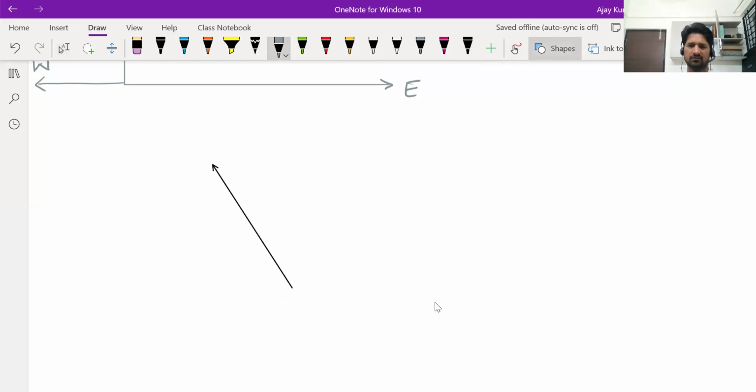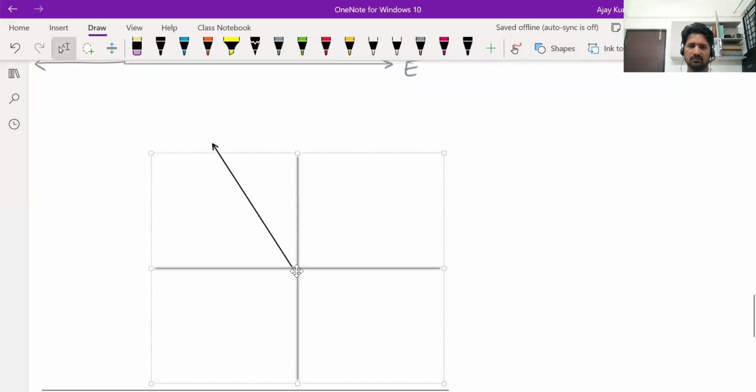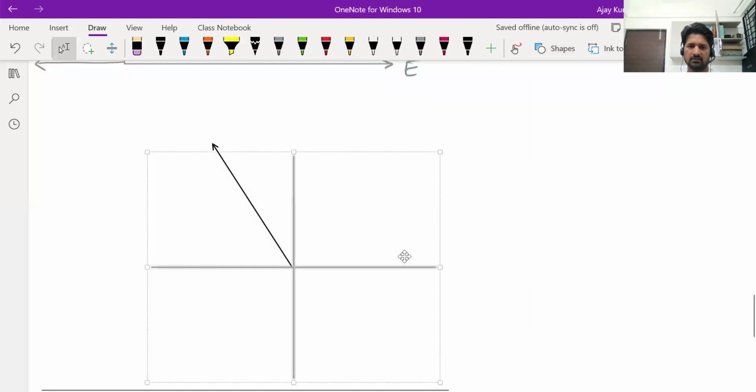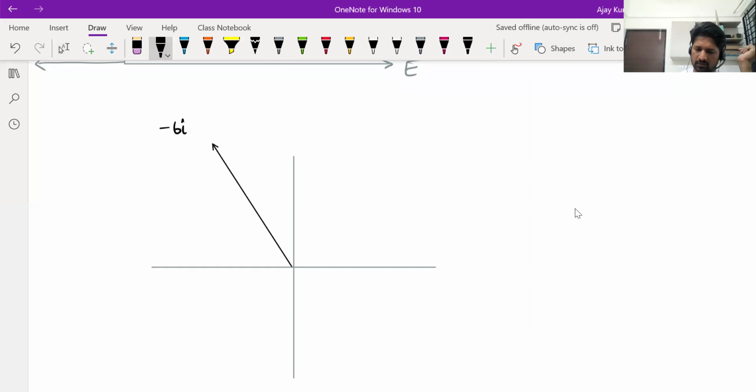It doesn't matter where you fix the origin. This vector is minus 6 i cap plus 8 j cap. It doesn't have equal x component and y component, so it will not be making 45 degrees. This is north, this is west. It's not exactly in between, so it's not northwest.